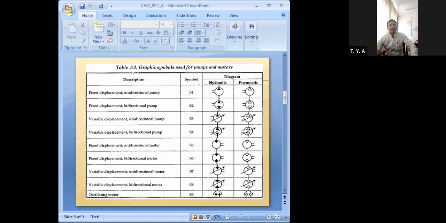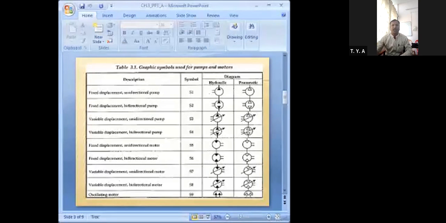A fixed displacement bidirectional pump is represented by this one. Then a variable displacement unidirectional pump is like this one, with an arrow.